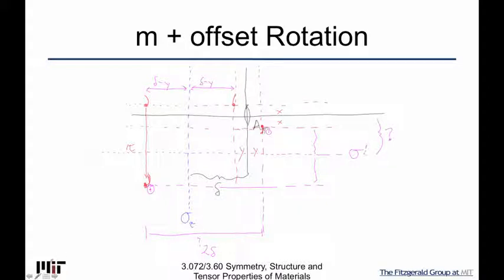So this one might be a little bit trickier. Let's go back to our green and label some of these things. Remember, this is x, and by definition, this red one is tau.